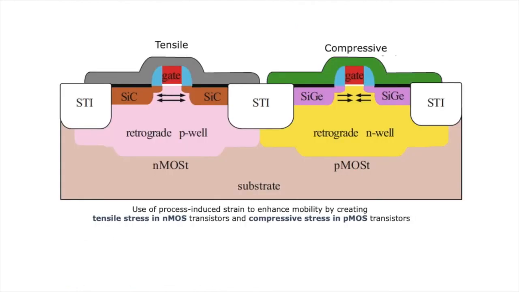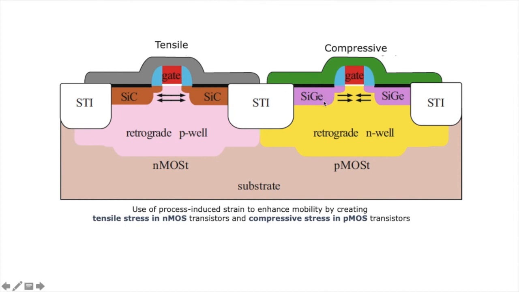Now if you look at the NMOS and PMOS design, in the case of NMOS you use silicon carbide. Remember the silicon carbide has a smaller structure, so in this case you have compressive strain, and when you have compressive strain, the material in the channel is shrinking down in this way, and therefore this channel material will have some kind of tensile strain.